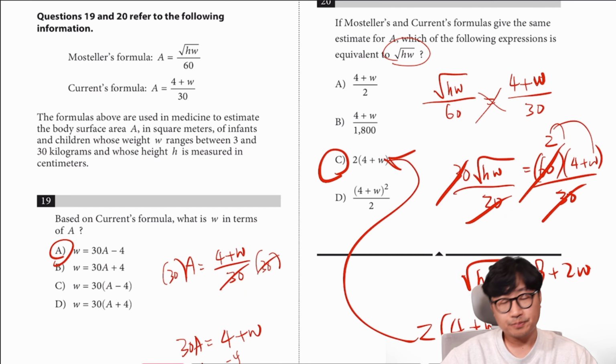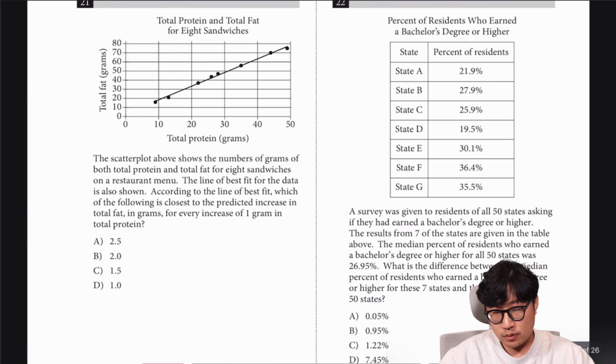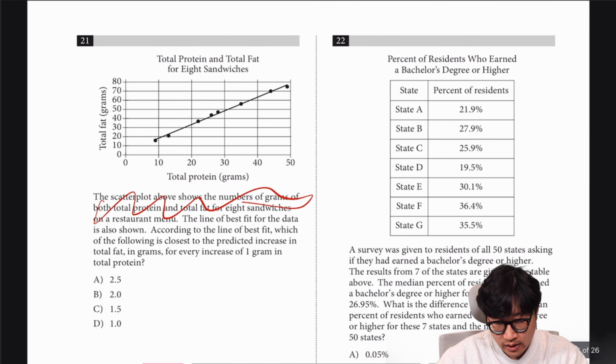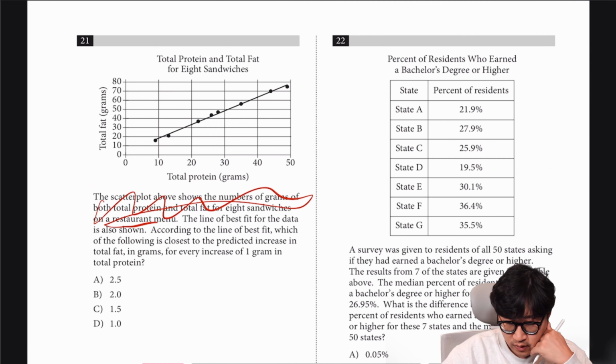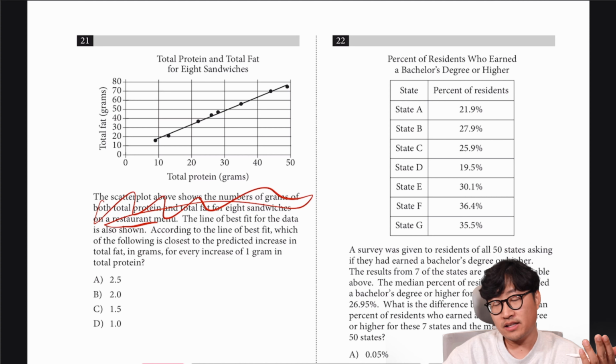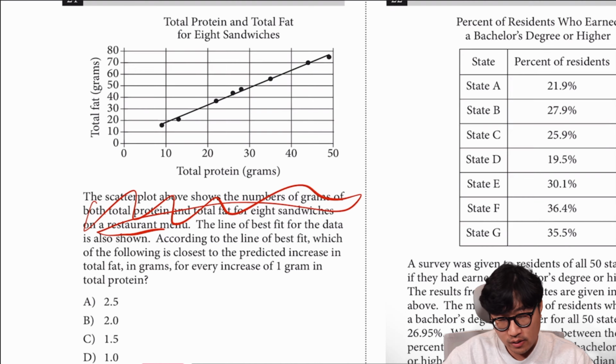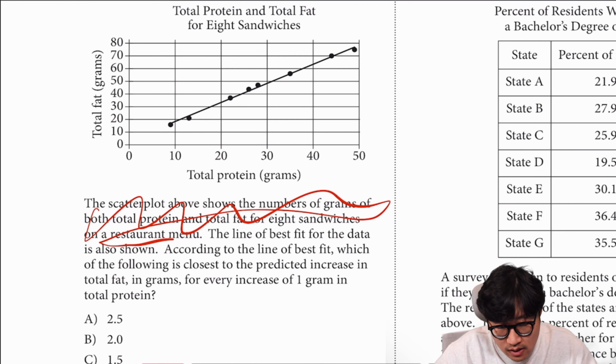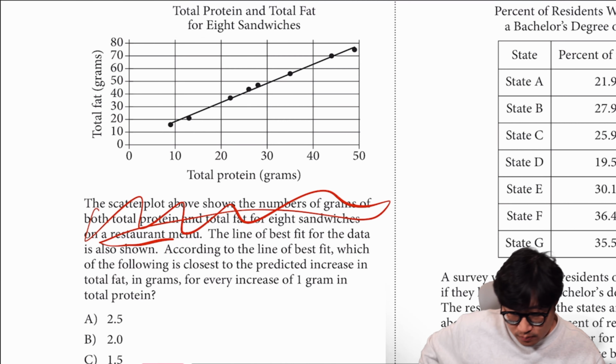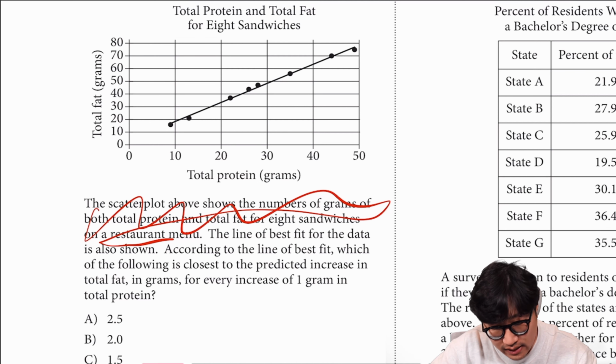Answer choice C. All right, so number 21, the scatter plot, whatever. According to the line of best fit, which of the following is closer to the predicted increase in total fat for every increase of 1 gram of total protein? Okay, basically they're just asking for the slope, right? So just go ahead and pick 2 points and find the slope. I'm going to have to use some approximation, so that's not nice, but whatever.